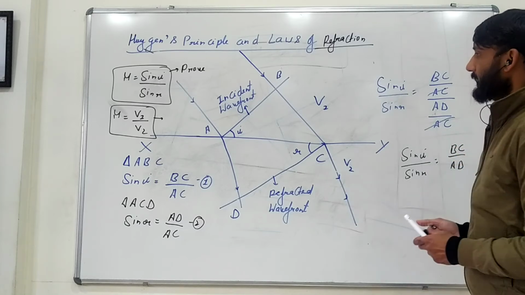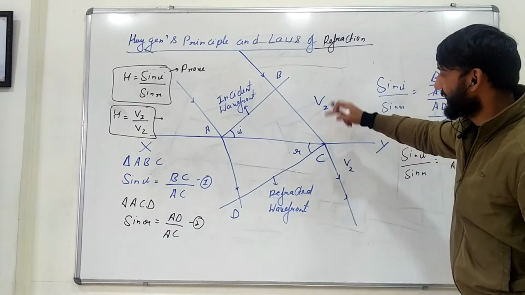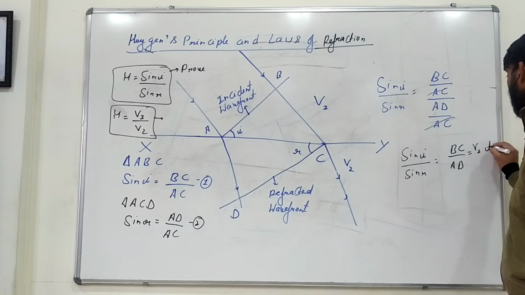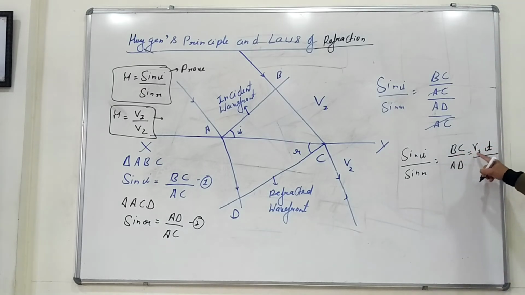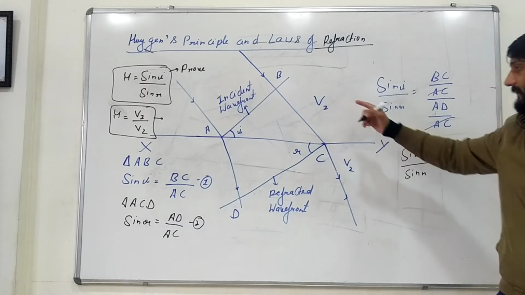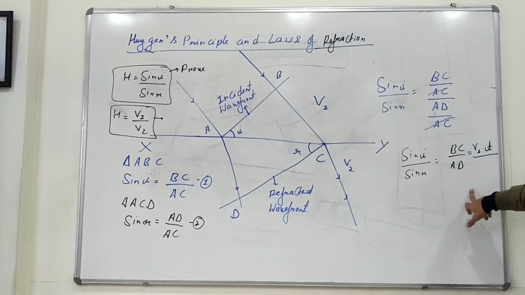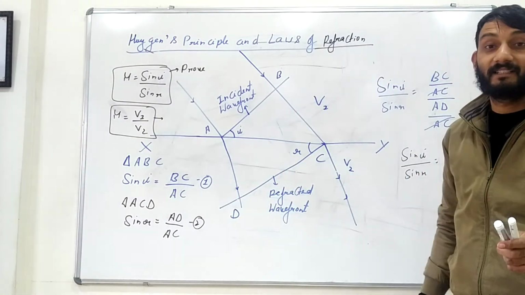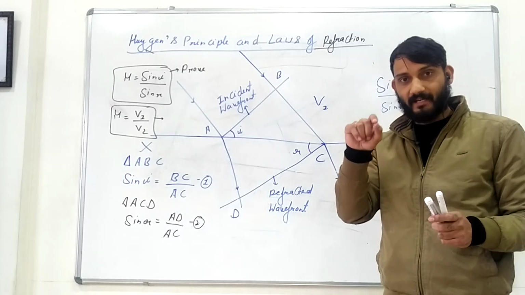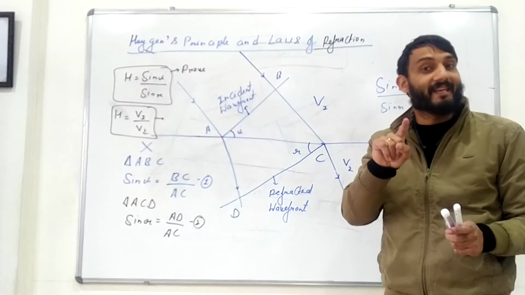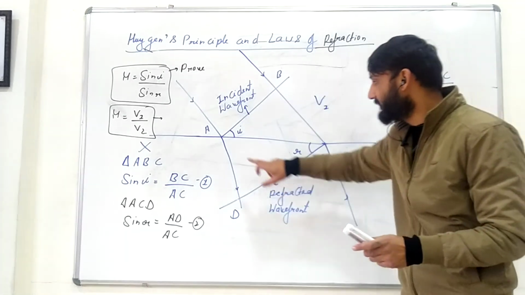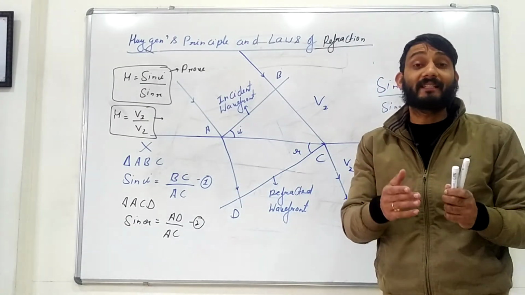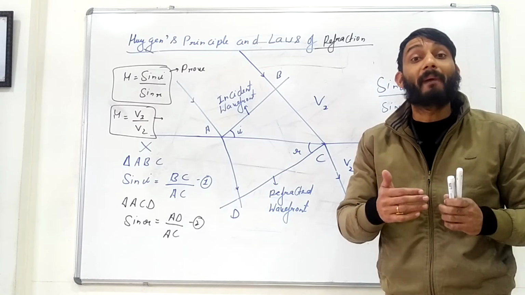Now BC is the distance travelled by the light ray in this medium, so obviously it will be V1 into T, since distance is equal to speed into time. And AD is again the distance travelled. Now we know that the points on the wavefront are at the same phase, so they will not have any path difference.